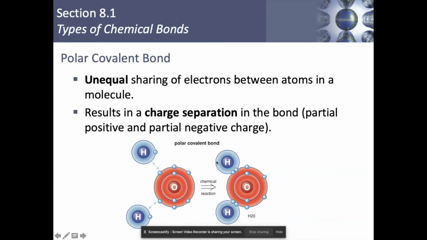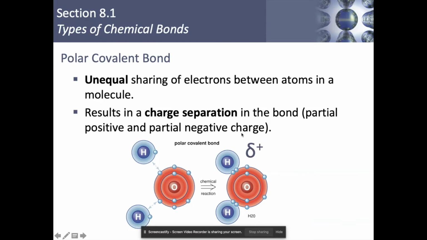And so the hydrogens here are basically donating and sharing their single electron with this oxygen. And this hydrogen is also doing the exact same thing. And the oxygen is sharing its electrons, let's say, but definitely not equally. The oxygen is much, much better at keeping the electrons around itself and keeping those electrons away from the hydrogens.